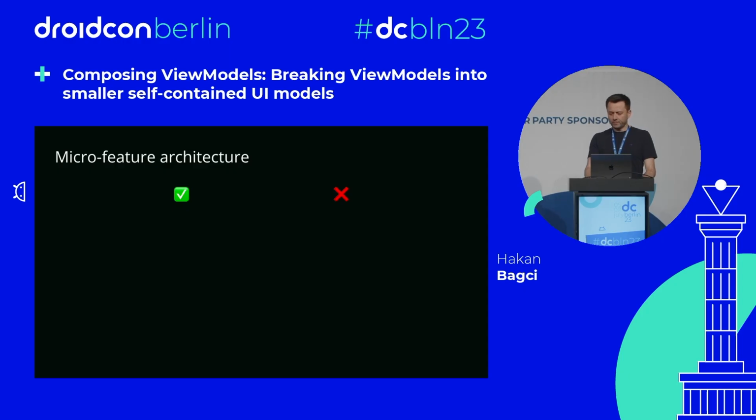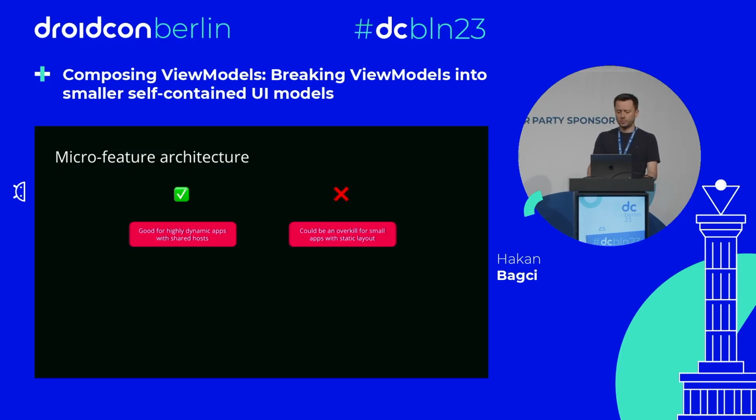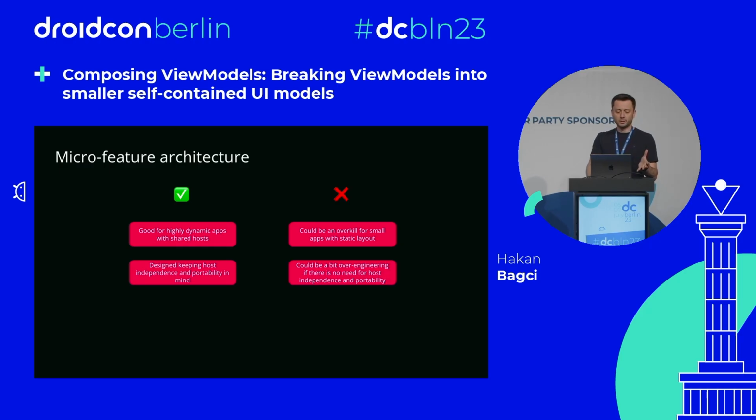So microfeatures are good for highly dynamic apps with shared hosts. Our application is one of these. And maybe they could be overkill for small apps with static layout. They are designed keeping host independence and portability in mind.